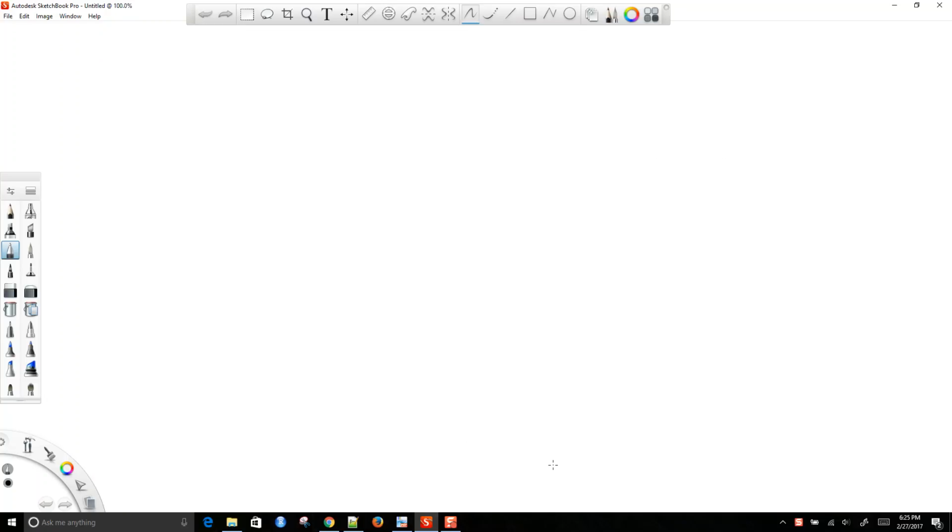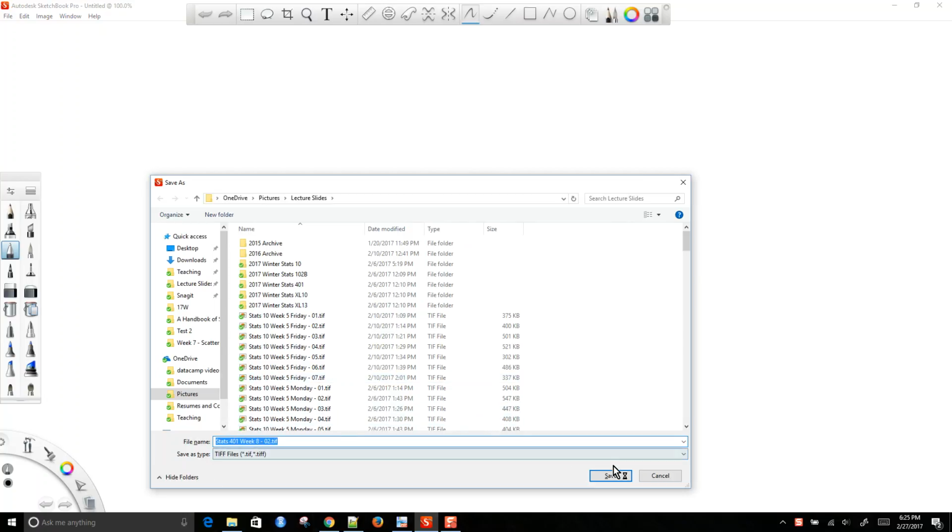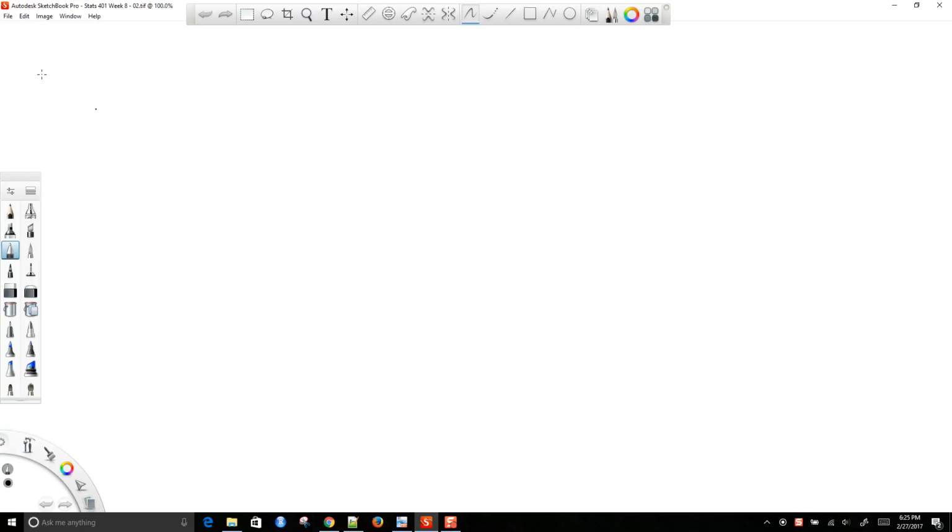Okay, so we can talk about polynomial regression. You start off with linear regression, where y is equal to beta 0 plus beta 1 x plus some error term.